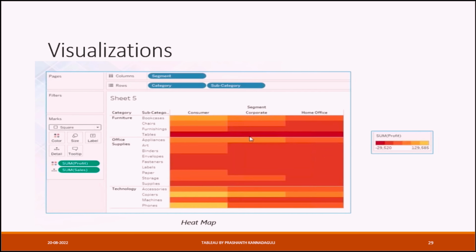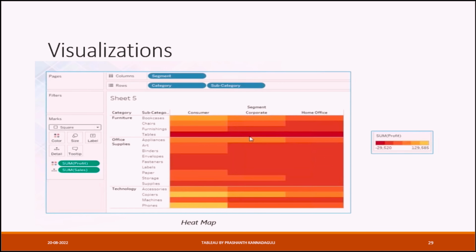So now you can understand that it's actually a category wise heat map. Okay, so I can understand one thing from this: if the category is tables under furniture, if you look at the sales of the table, it is completely in loss, completely red color.